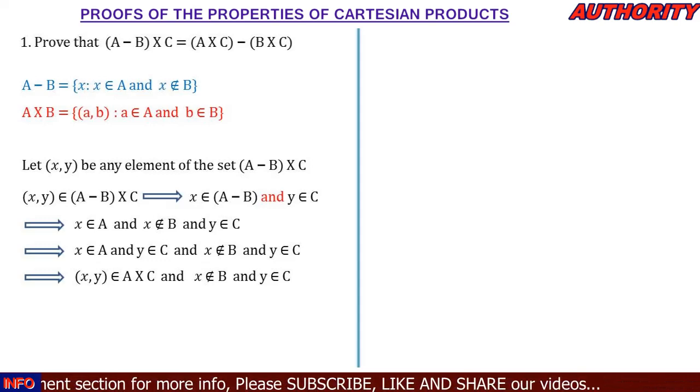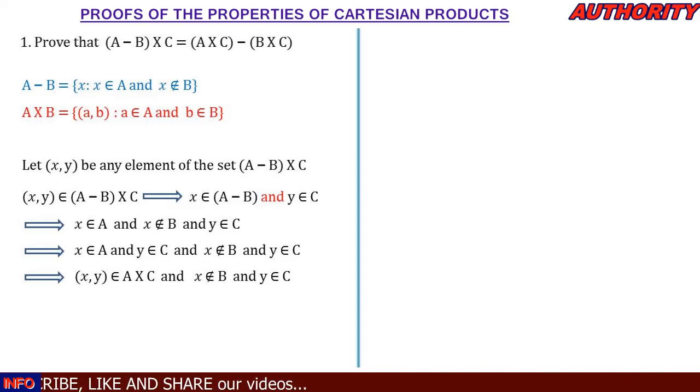When we look at our destination, we say that A cross C difference B cross C. And then here we have that X comma Y exists in A cross C, and the X is not in B and the Y is in C.